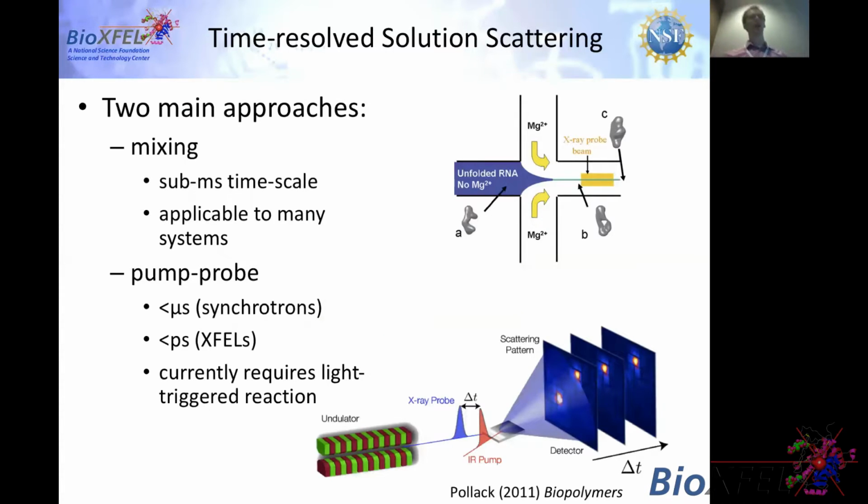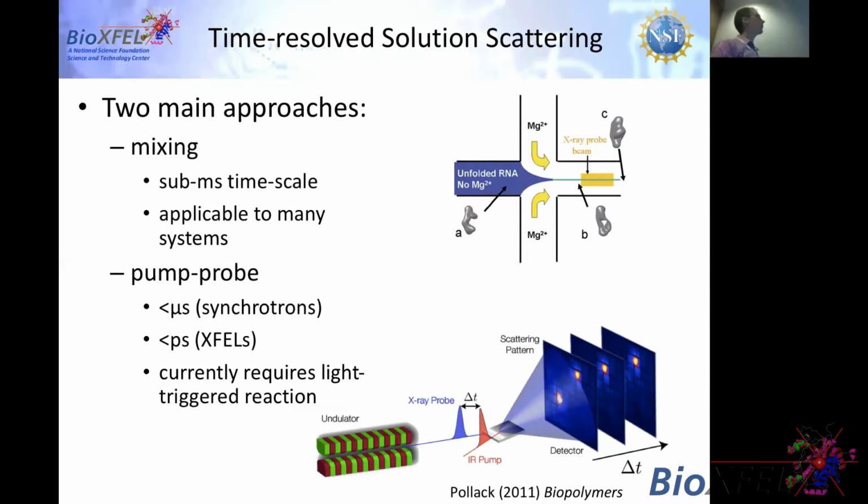Okay, so time-resolved scattering essentially has two main approaches. The first is mixing, which John touched on. This has the ability to go to sub-millisecond timescales. I'll get more into it in a second, and it is applicable to many systems. That's one of its main advantages.